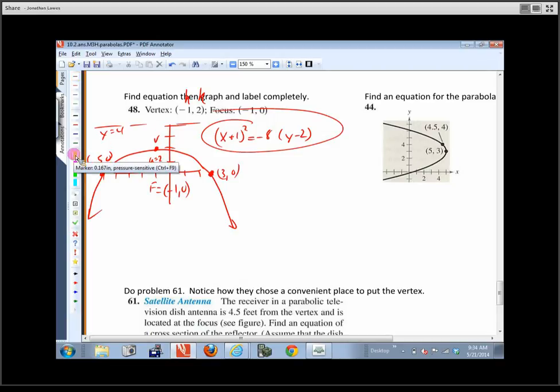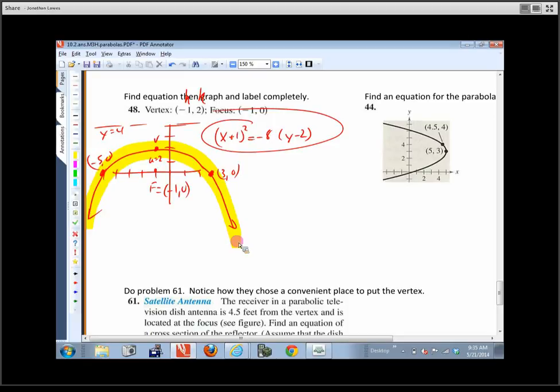What parts of this are the parabola? Is everything I've drawn on this graph the parabola? Nope. This is the only thing that's the parabola. That's it. The focus is a useful piece of information. It has something to do with it, but it is not the parabola itself.